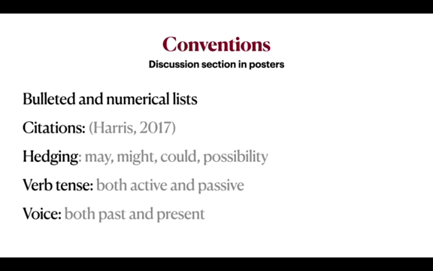Let's talk a little bit about the conventions in the discussion section, which can be very similar with the previous two sections, but I will still go through them. When it comes to bulleted and numerical lists, yes, we do have a list form, but complete sentences are more common than fragments.